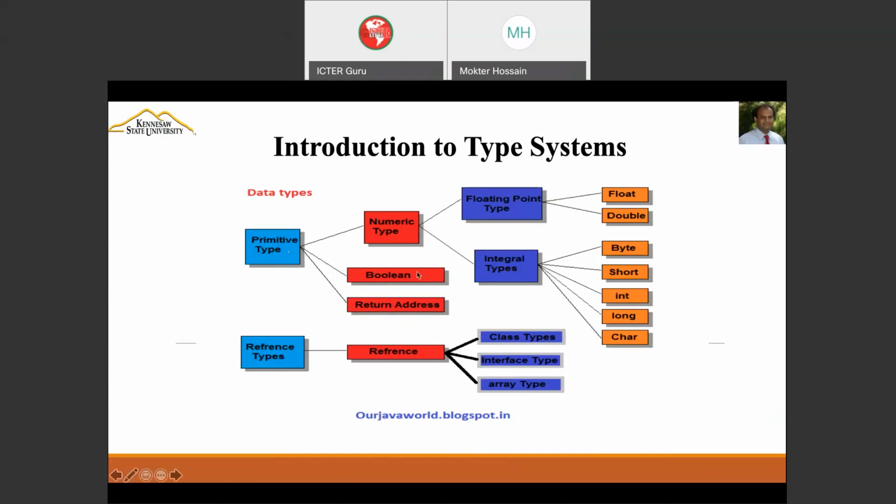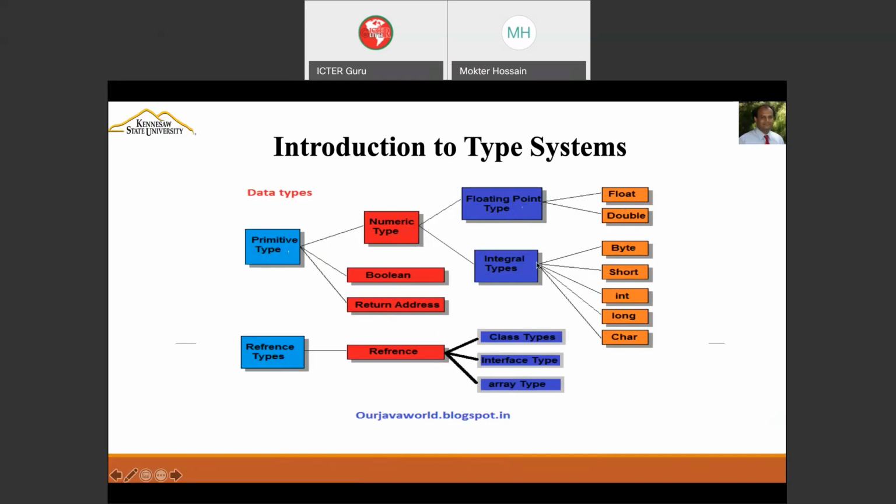The Boolean data type is used to hold only true or false values. The other type is numeric data type, which is again of two types. One is the integral type, which works with whole numbers: byte, short, int, long, and character. The other is the floating point data type, which holds decimal points: float and double.